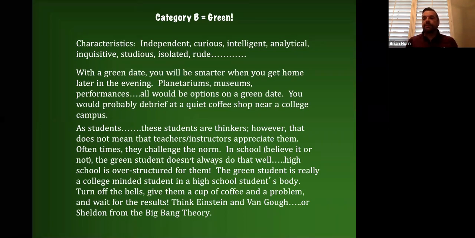And if they see them being restrictive, the organization in categories, for instance, then that doesn't necessarily reinforce what they want to do. So they don't always adopt the organizational skills. So they're not always the straight A student. It's not because they can't be the straight A student. It's because they don't see the value in some of the norms that we have built into our classrooms as far as structure goes.